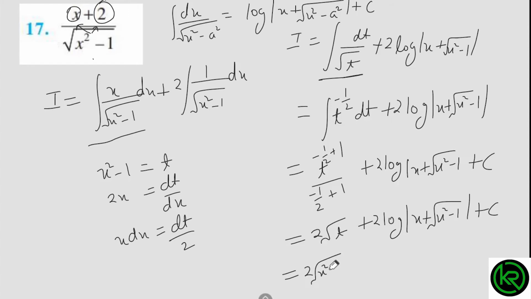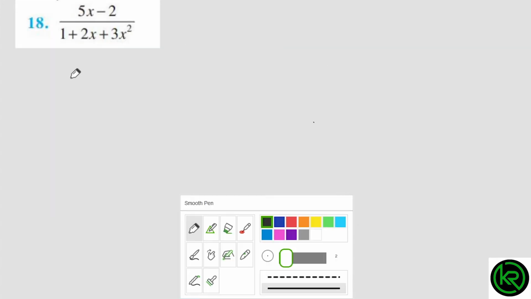Under root x square minus 1 plus 2 log x plus under root x square minus 1 plus c. This is our final answer.